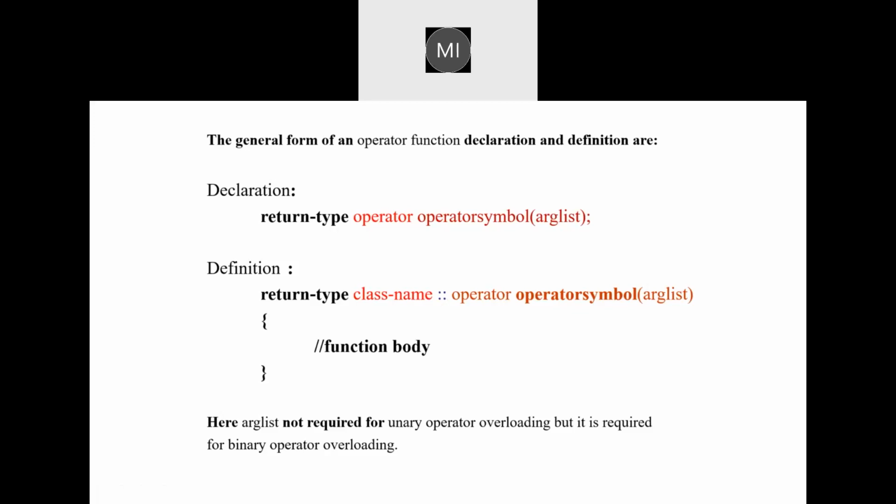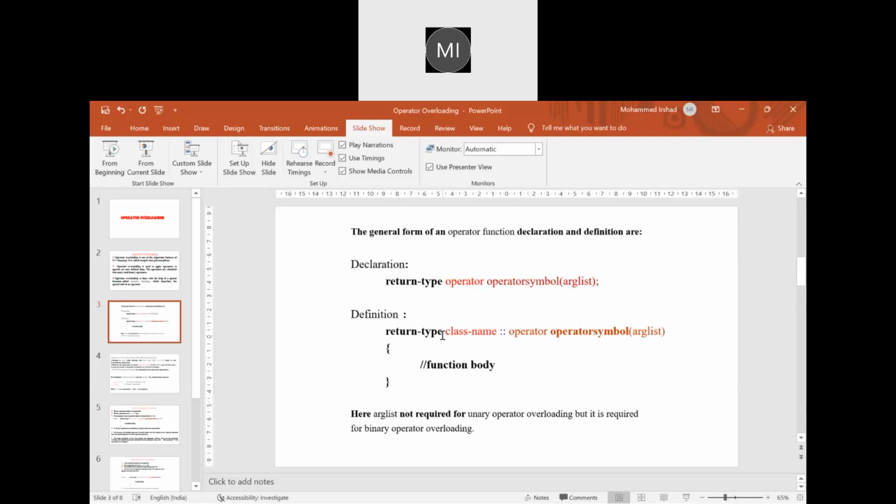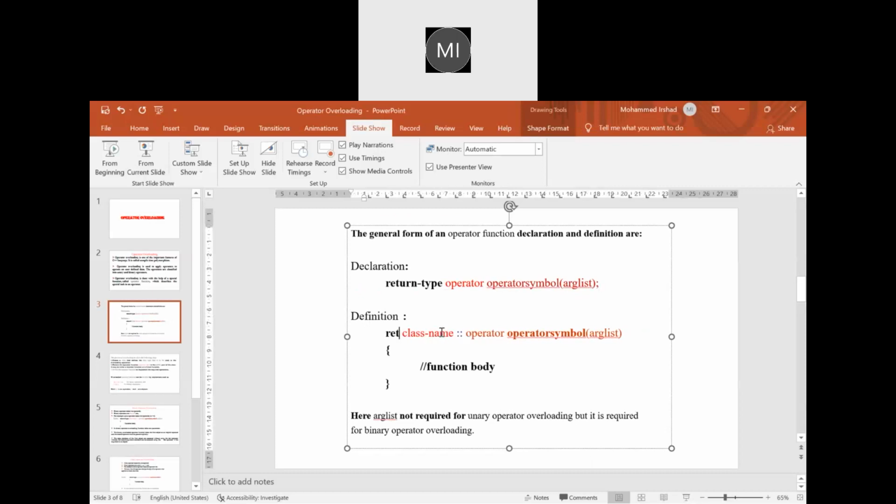If you are defining it inside of the class, you simply take the return type, like in our example, I'll write it here. In the return type we wrote complex, the class name. As we did inside, there is no scope resolution operator.